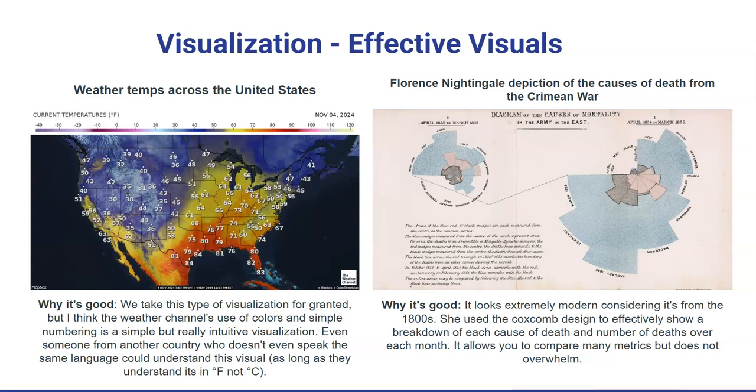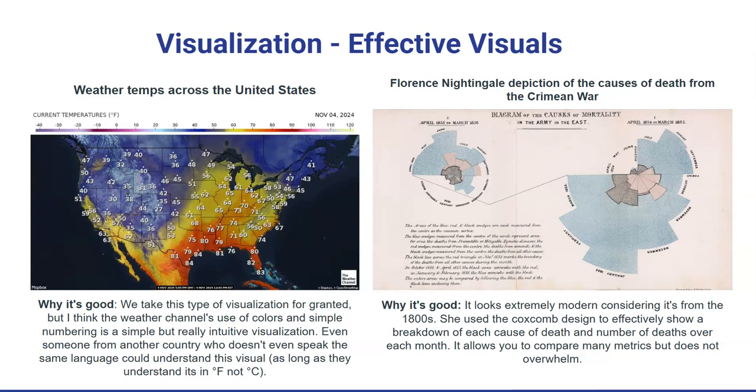And what makes this visualization an effective one? That is the fact that there are simple colors, simple numbering, and that it's extremely intuitive. As you can tell here, we wrote that even if you did not speak English, you could still clearly understand what this visualization is trying to display to you.